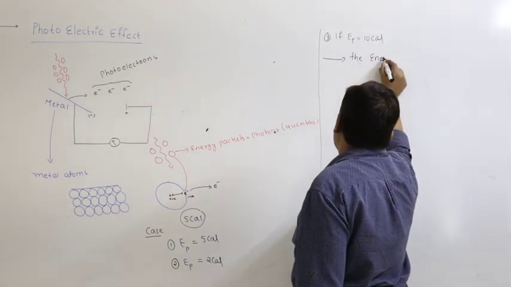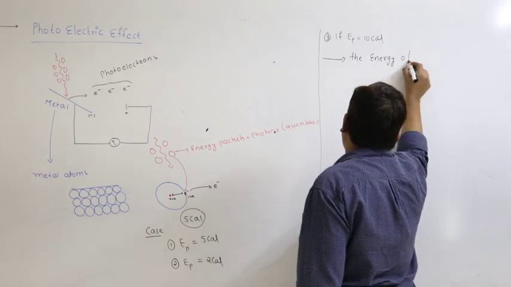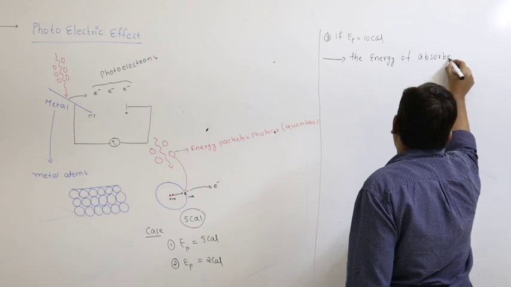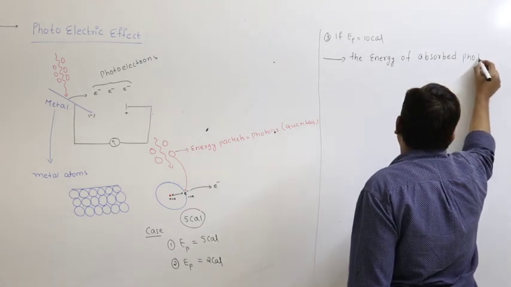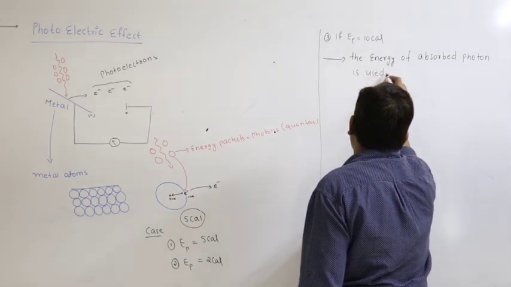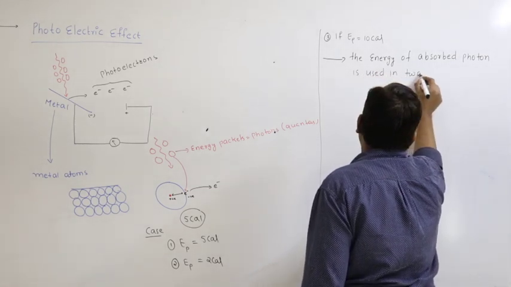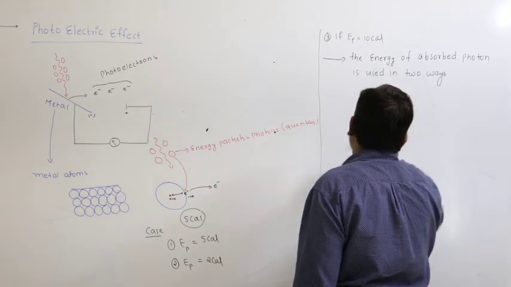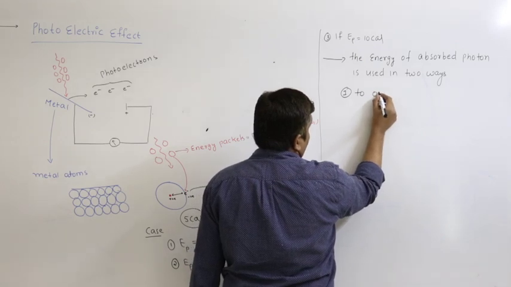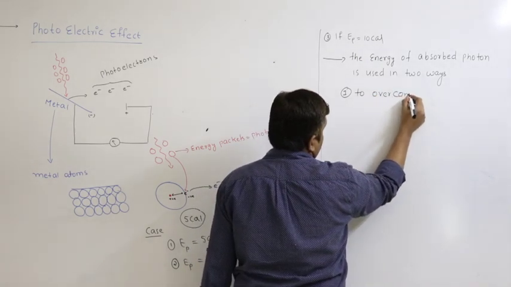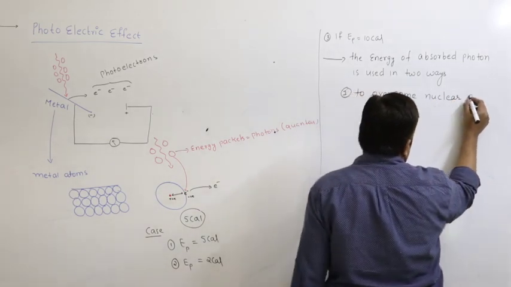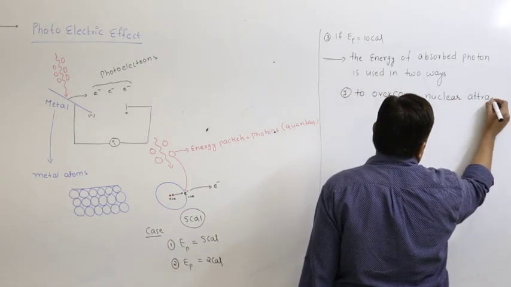The energy of the absorbed photon is used in 2 ways. What is the first one? To overcome nuclear attraction.